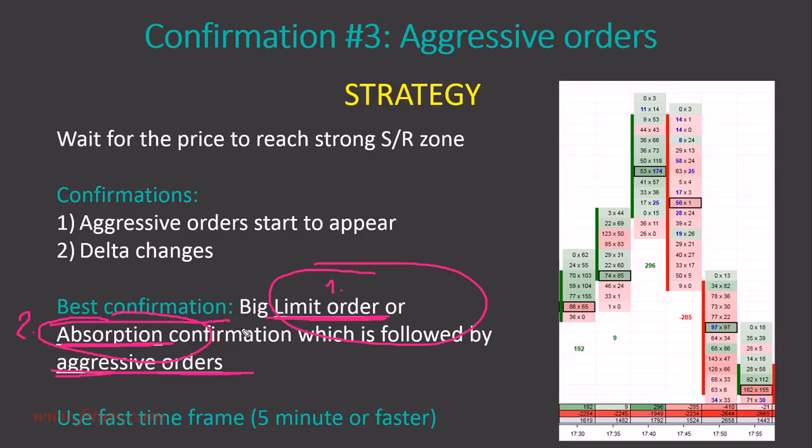So if you see any of those, and then aggressive orders start to appear, so in this case, this would be a limit order, the 174 contracts looks like a selling limit order, and afterwards aggressive selling orders start to appear. Those selling imbalances. Right, so this is the confirmation setup number 1.